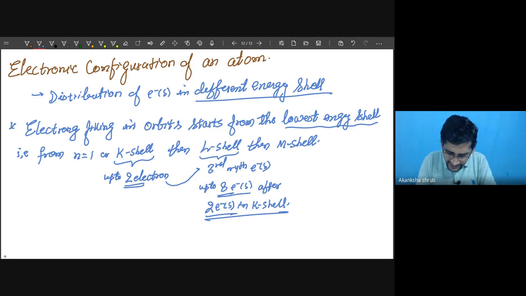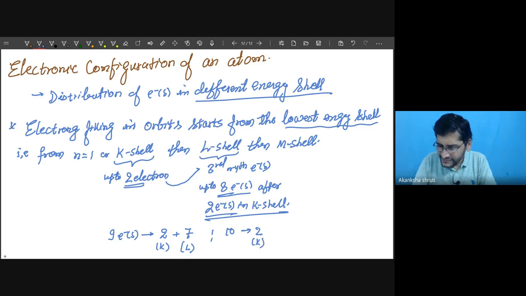If we have 9 electrons, then out of this, first you have to put 2 electrons in K shell. Then how much is left? The leftover is 9 minus 2, which is 7. Okay? 7 can go in your L shell. If there are 10 electrons, then this still holds good: 2 in K shell and then 8 in L shell.